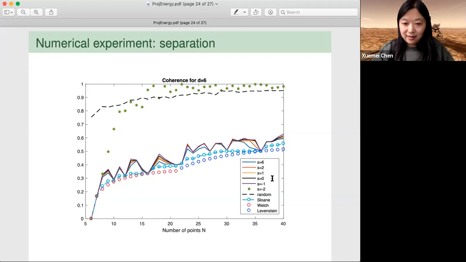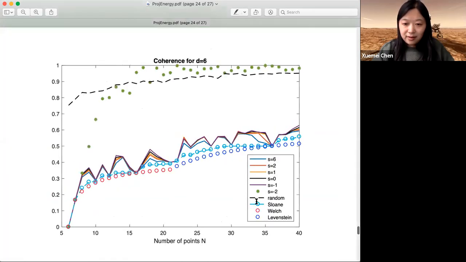Let me make this bigger. So the Sloan bound, that's this light blue color. Sloan has some kind of database for best line packing, and in terms of many other subspaces, different dimensions, whatever.